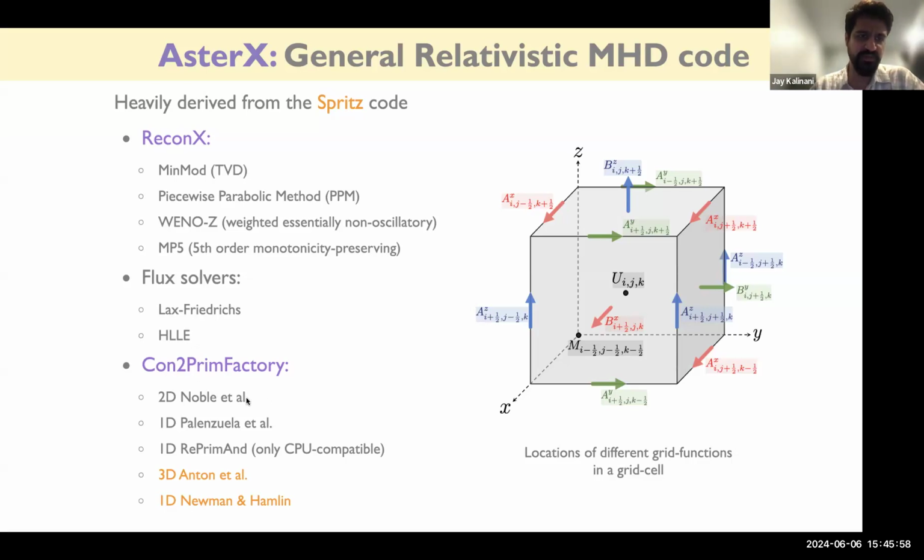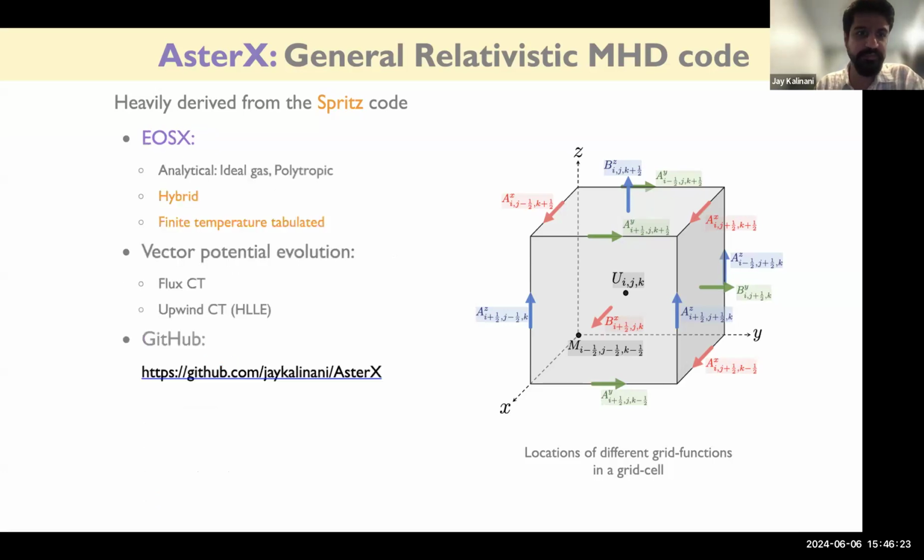There is another module or Thorn called Contoprim Factory, where we provide two contoprims based on 2D Noble and 1D Palenzuela et al. We have also coupled the Reprimand library, but this is currently only CPU friendly. So we are on the way of porting that to GPUs as well, and also trying to include other contoprims in this module.